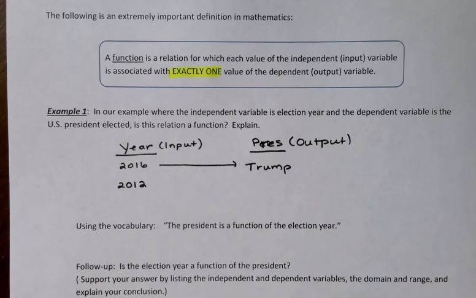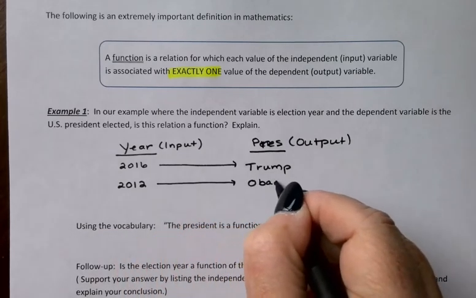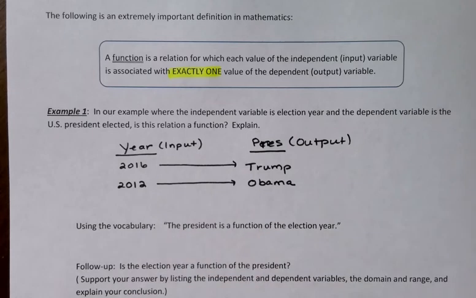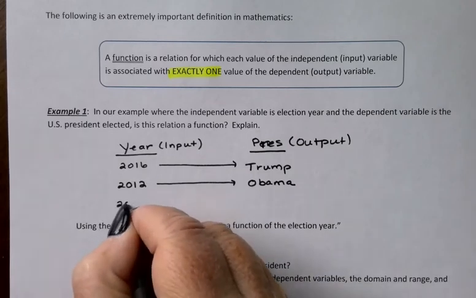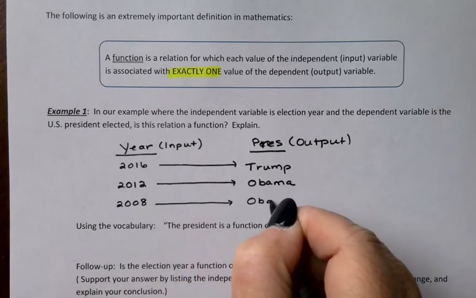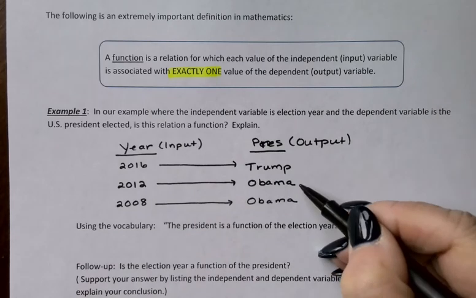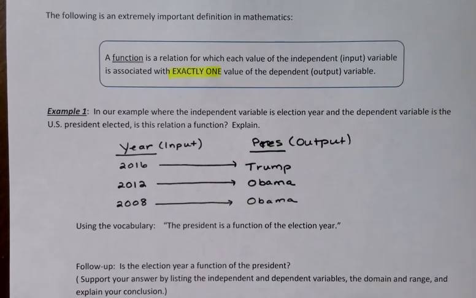2012 as our input, there's only one possible output. Obama. Right? 2008 as our input, again, just one possible output. Obama. Notice that it's okay to have the same output twice. That's perfectly allowable.